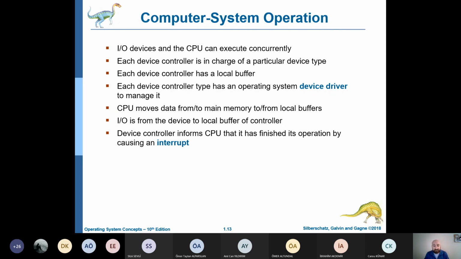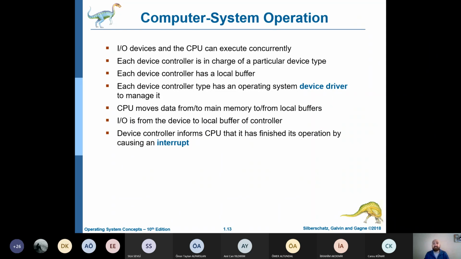The device controller is responsible for moving the data between the devices that it controls and its local buffer storage.